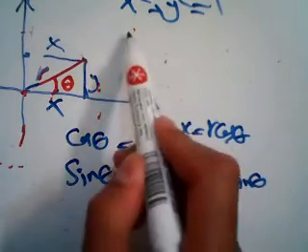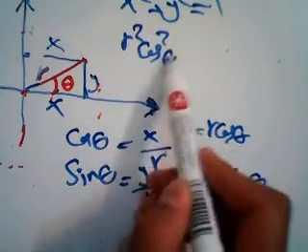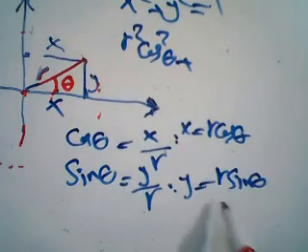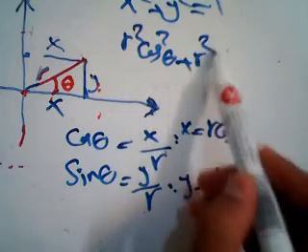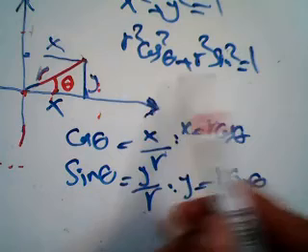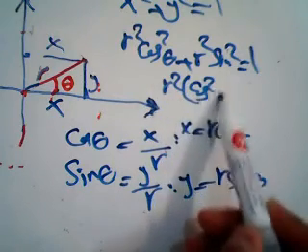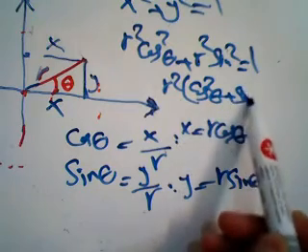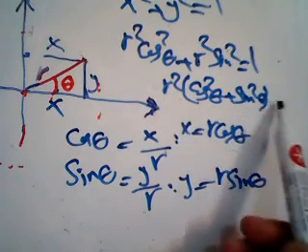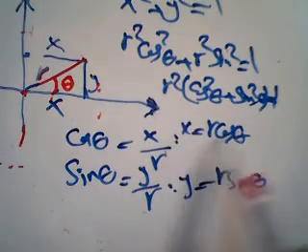So x is r cosine theta, we get this, plus y is r sine theta, we get r squared sine squared theta is 1. And this is r squared times cosine squared plus sine squared equals 1, and this is 1 inside the parentheses.